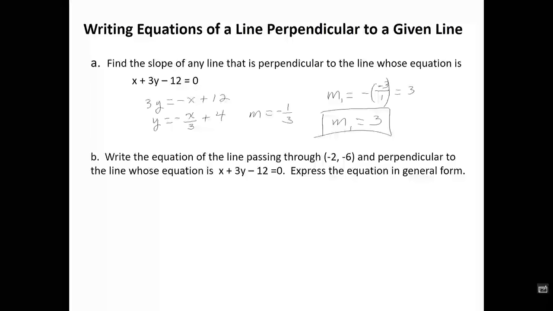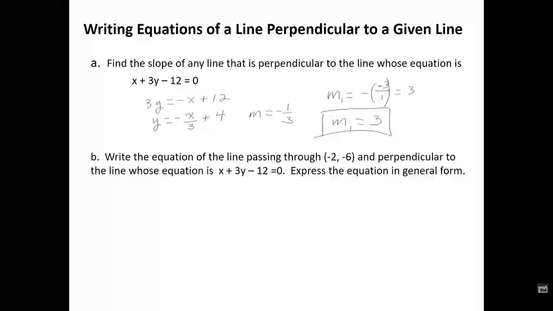In the next part, we want to write the equation of the line passing through the given point (-2, -6), and perpendicular to the line whose equation is x + 3y - 12 = 0. Express the equation in general form.